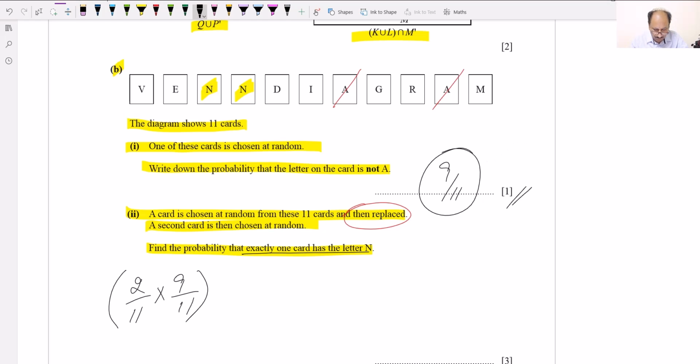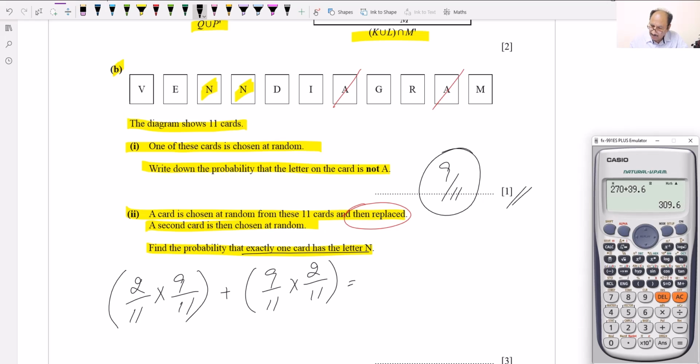Now this will be first option. Second option can be first one is not N, but the second one is N. So this can be the situation, and we can solve this.